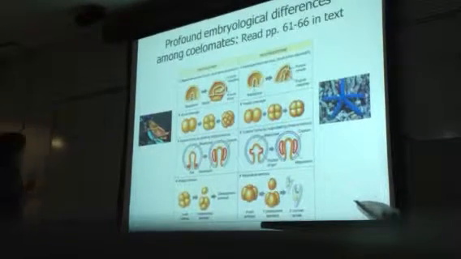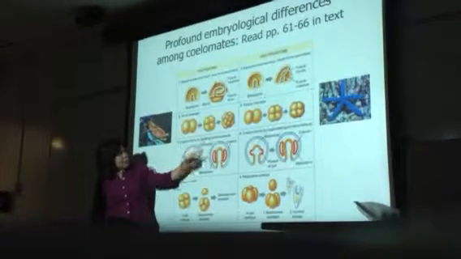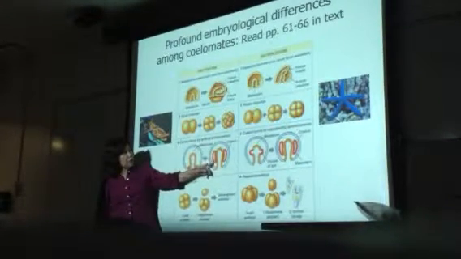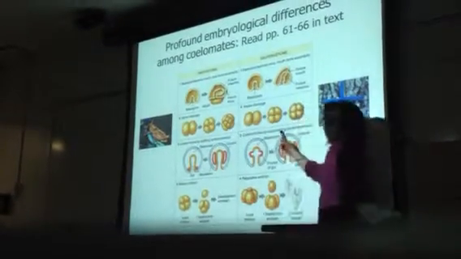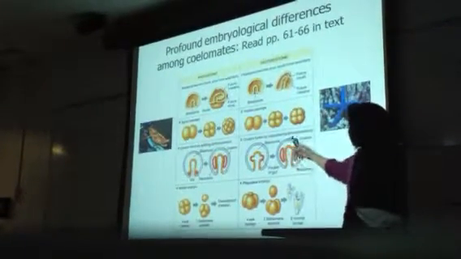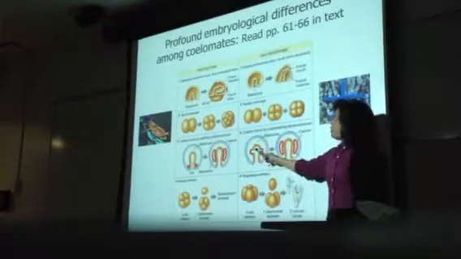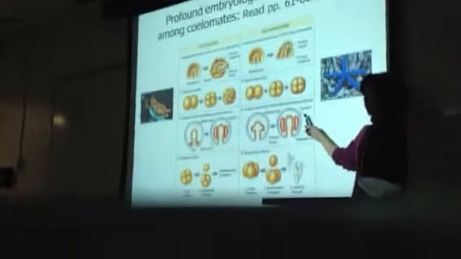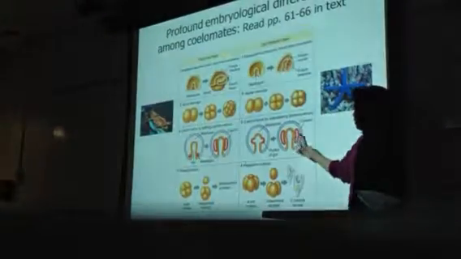It shows you that one way you get it is by splitting of some early mesoderm, and the other is you get it by outpocketing of early mesoderm, these little ear-like structures here. But I'll leave you to look at the details that are in your book.